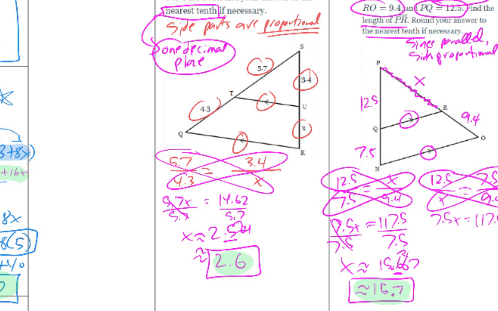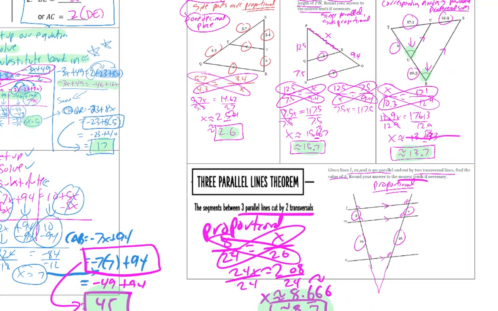Okay, so that's all we do on proportionality. And when we see something like this, we're just going to think the same thing. These would just make a triangle, so we do the same thing. We'd say 8 over 24 equals x over 26, and then we would cross multiply.